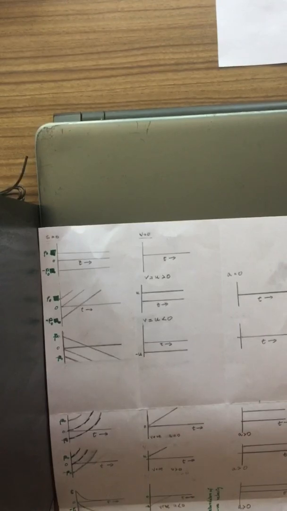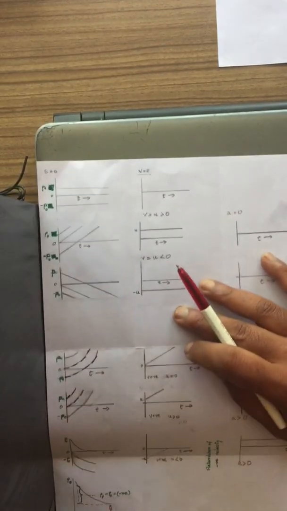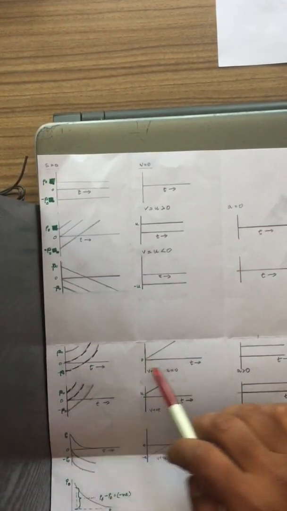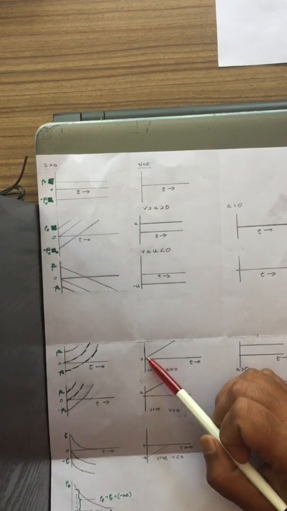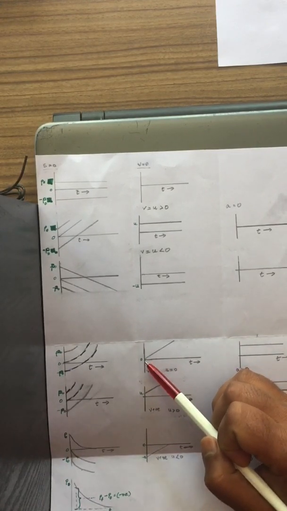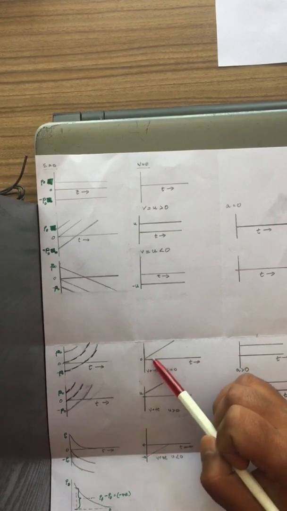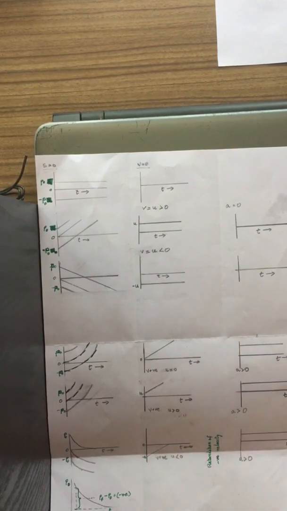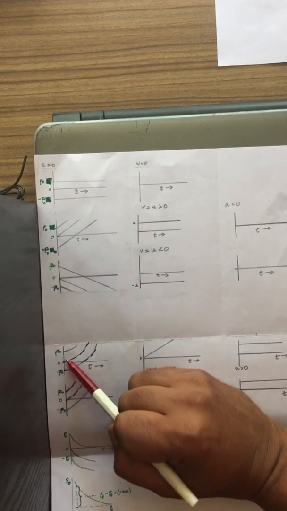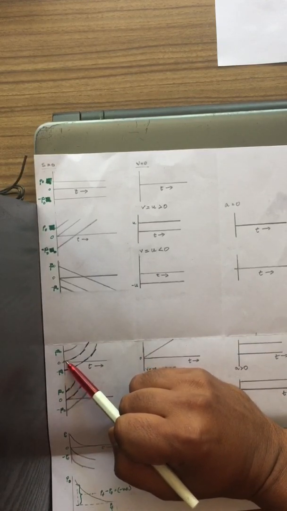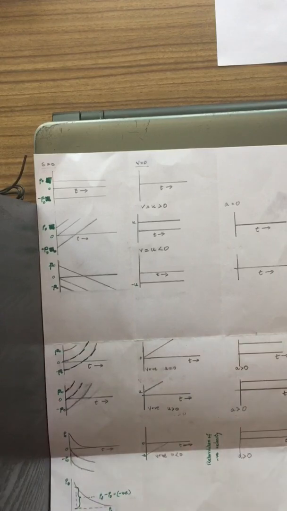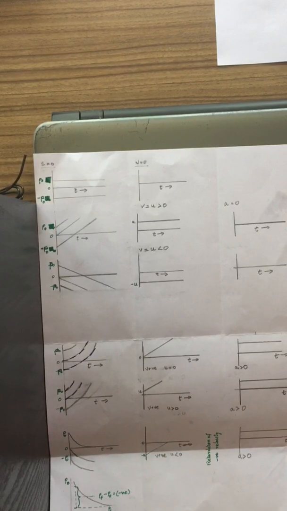So what does acceleration look like? In order to look at what acceleration looks like, let us pay attention to this line. In this case, what we find is the velocity is increasing. What does it mean that the velocity is increasing? You can see in this line, initially the slope is close to zero. That is, the distance traveled per unit time close to the beginning is close to zero.